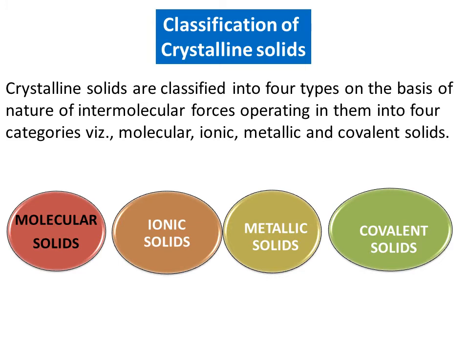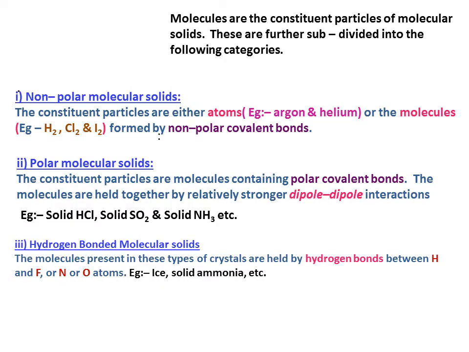Let us understand one by one. First one, molecular solids. These are the crystalline solids in which the molecules are the constituent particles. They are further subdivided into the following categories. Understand the constituent particles, intermolecular force and examples in this classification.